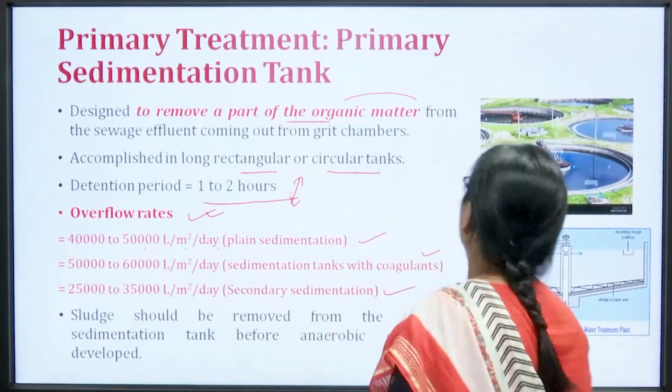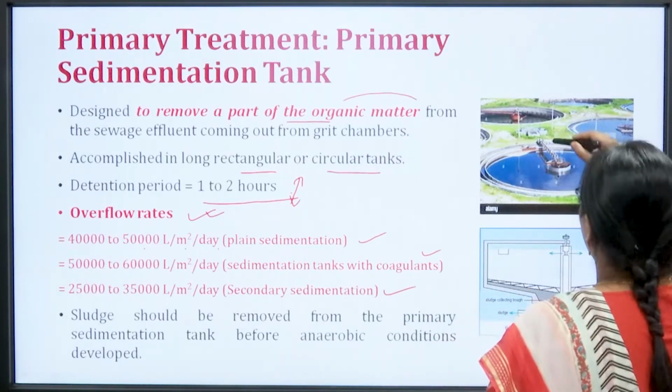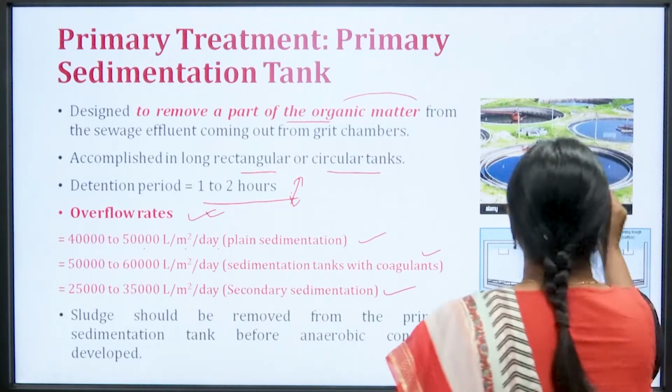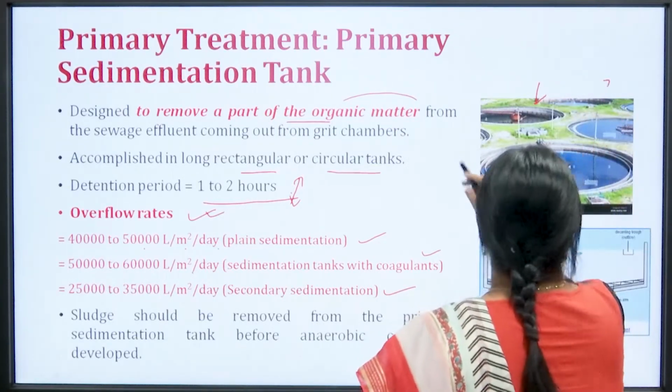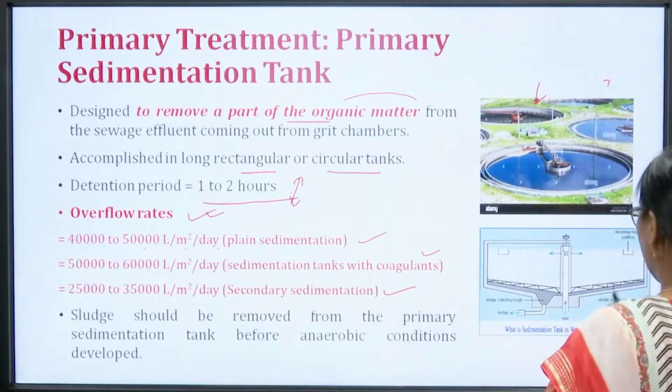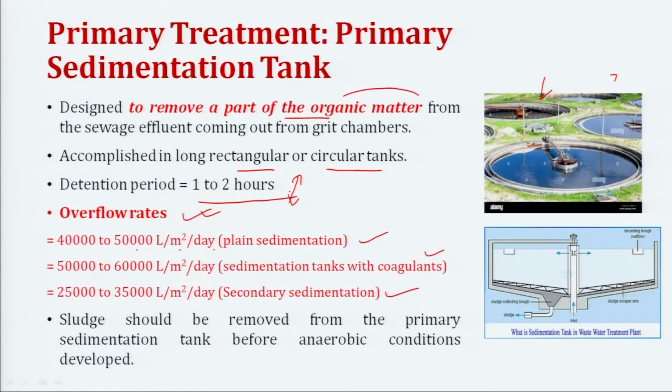This is a circular sedimentation tank here. Generally you have many circular sedimentation tanks, and it looks like this. The flow is going to come through here, and this is the inlet.